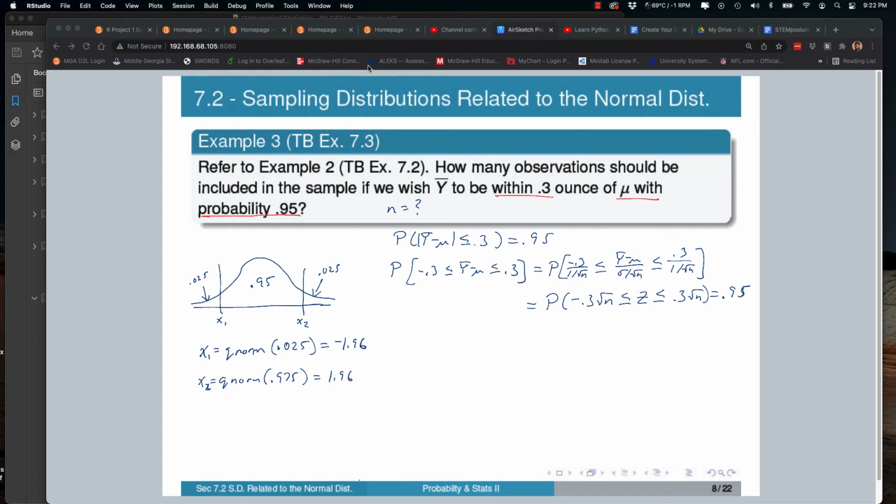So it turns out that the probability equals 0.95 when z is between negative 1.96 and positive 1.96.